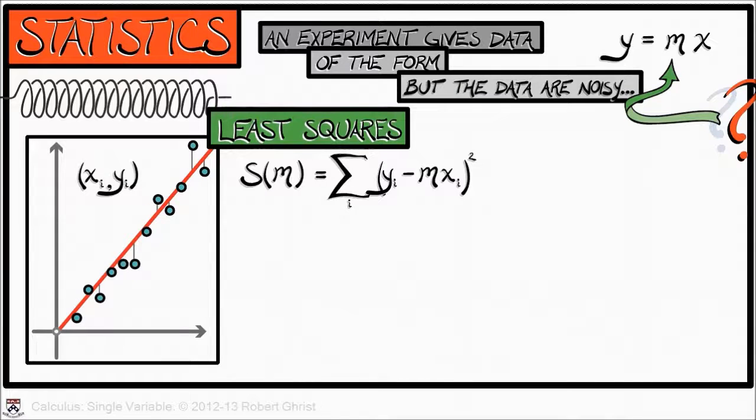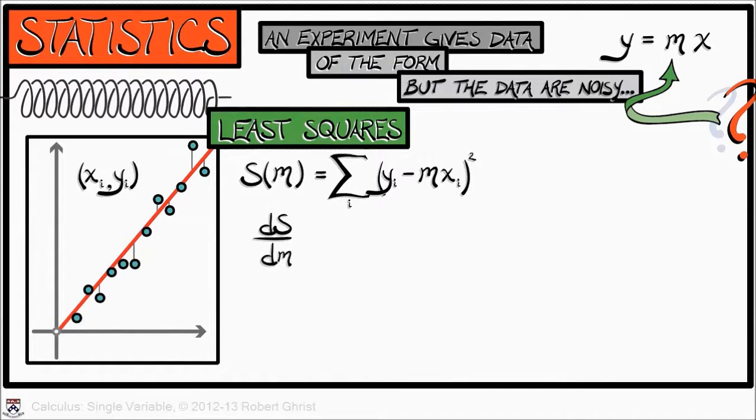This is going to give you a deviation of the data from the line of slope m. This function depends on m. If we chose a value of m like 0, well, that would give a very large value of s. In this case, what we want to do is find the value of m that minimizes this deviation, s.